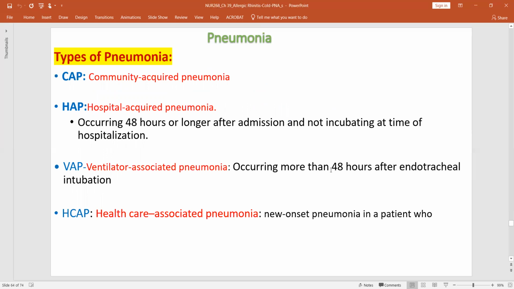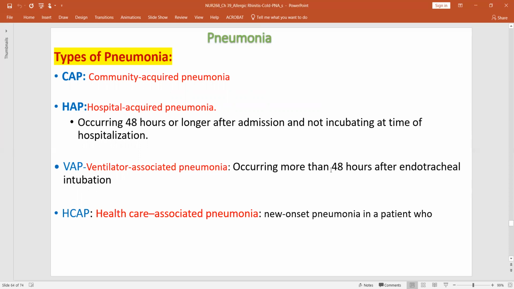That's the infection of the lower respiratory tract where the onset of the disease takes place in the community or during the first 2 days of hospitalization.